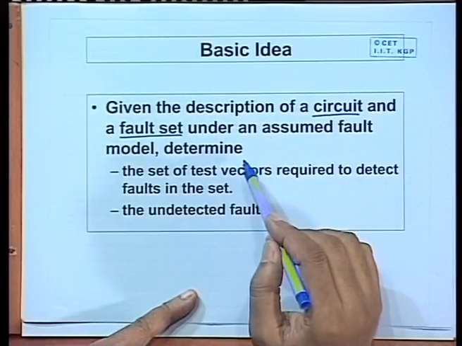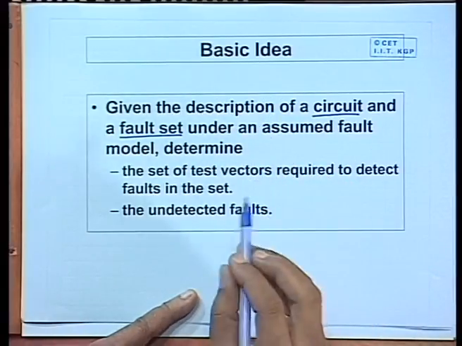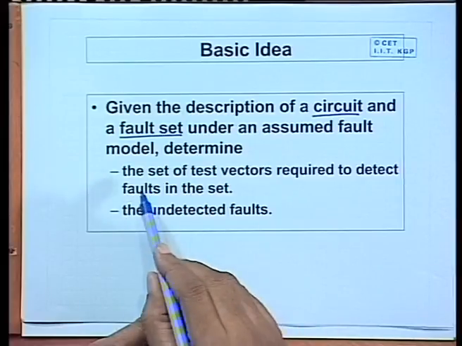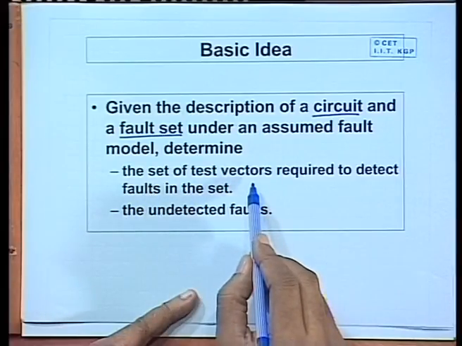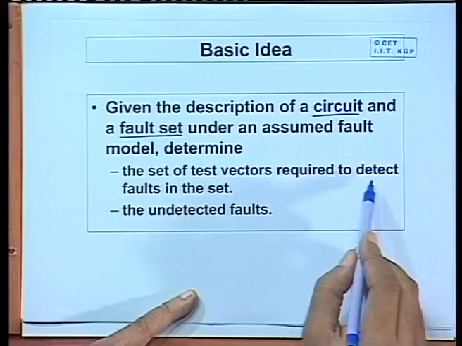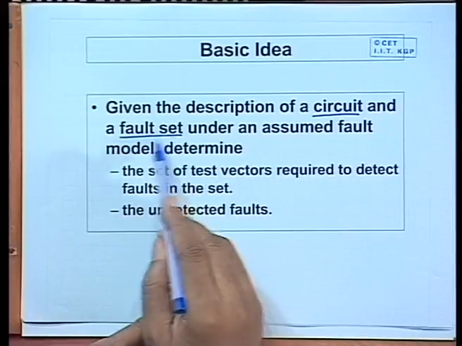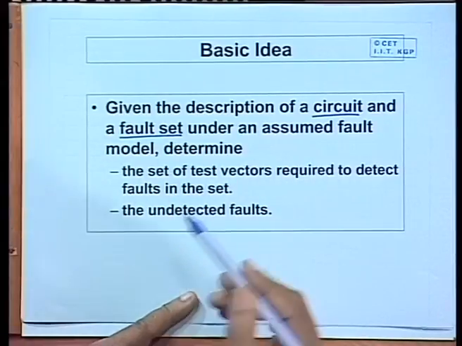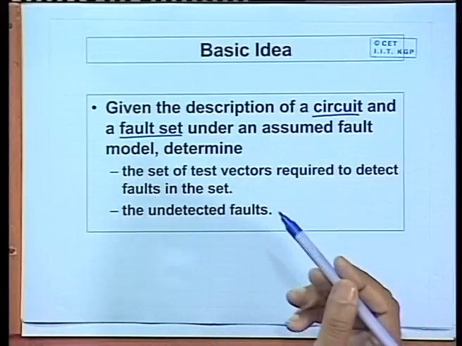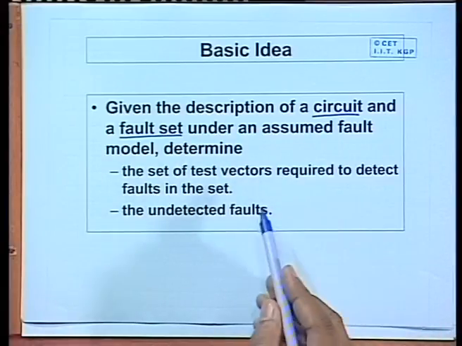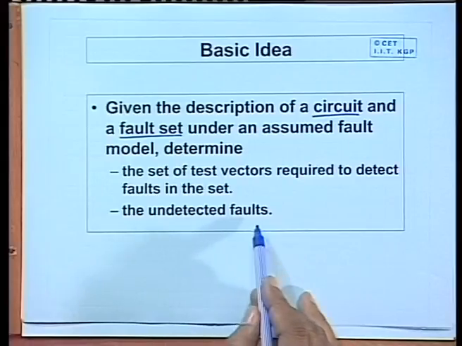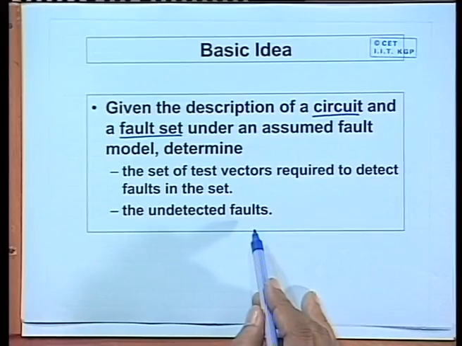Now, the test generation process would help you to determine the set of test vectors which are required to detect the faults in this given set. Well, it can also tell you that for some of the faults it is unable to find a test vector. So, it will also give you the list of undetected faults.